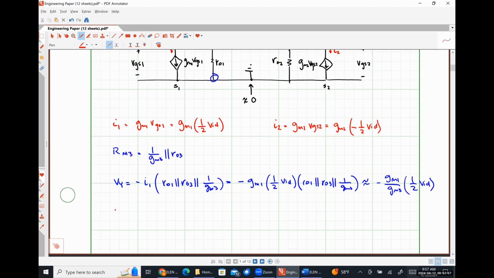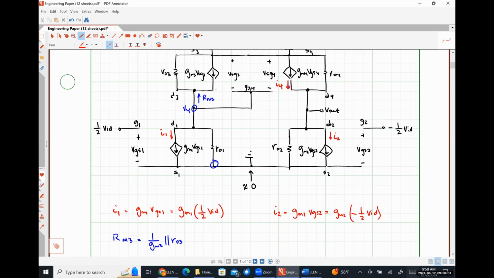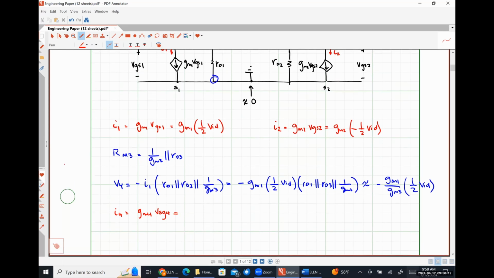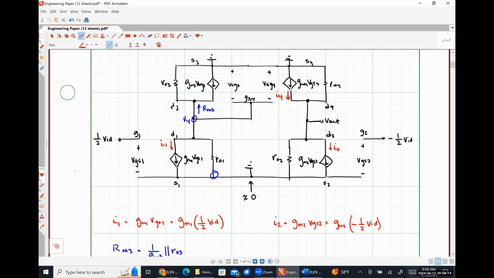But small signal current I4 is nothing more than GM4 VSG4. So my question to you guys is, what is VSG4? And what's that in terms of VY? Negative VY, absolutely right.